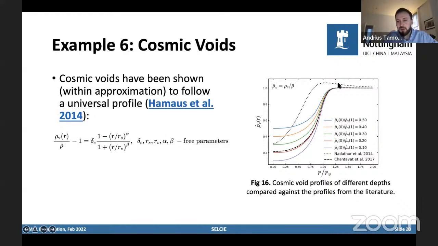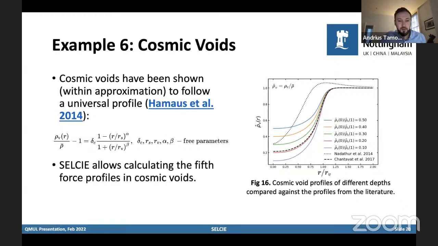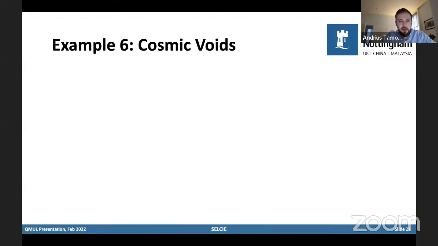But this is just to give you an idea of what a realistic void profile would look like. So once again, we put that into our code and we want to calculate the corresponding fifth force or acceleration ratio profiles.